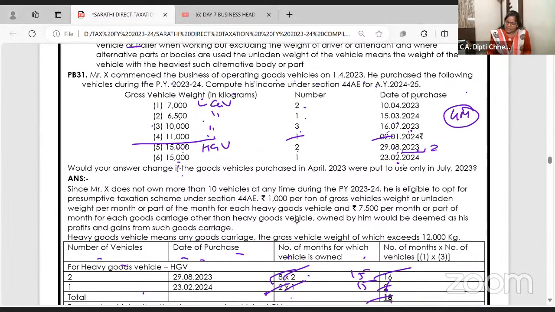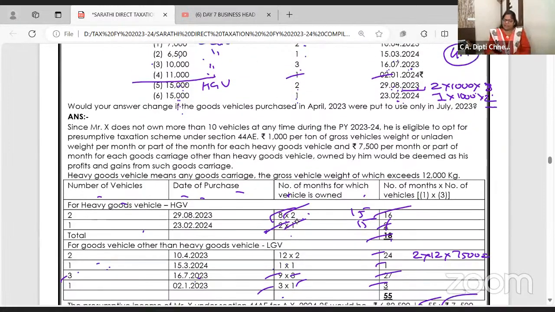ये वाले 2 व्हीकल हैं, 1,000 per ton है, and how many months? August. So 8 months. Because this is 1,000 per vehicle per month. अच्छा, ये 1 vehicle है, 1,000 है. For how many months? February and March.